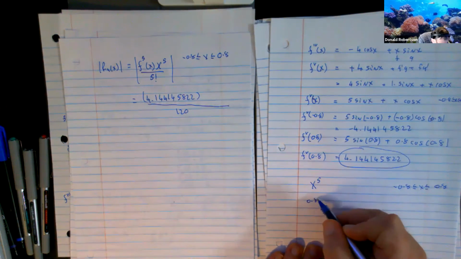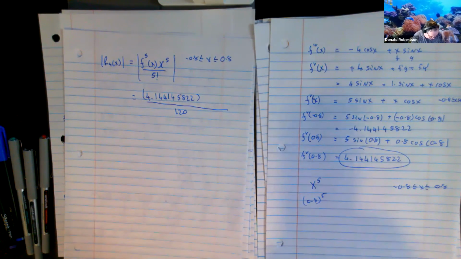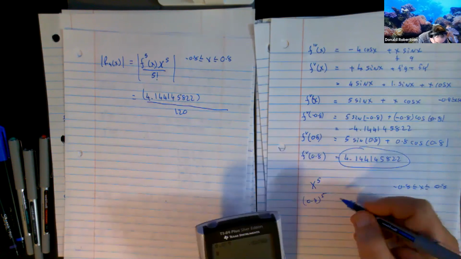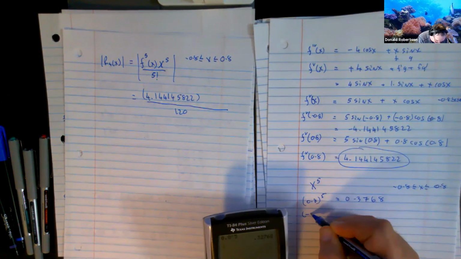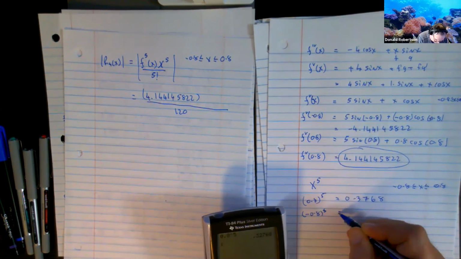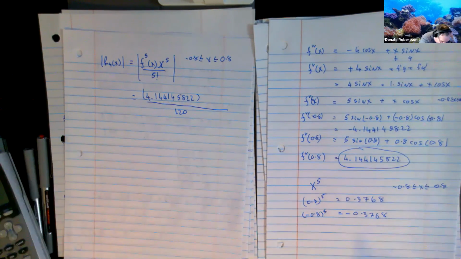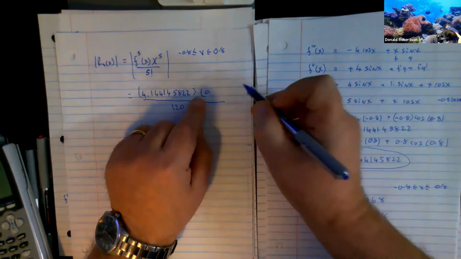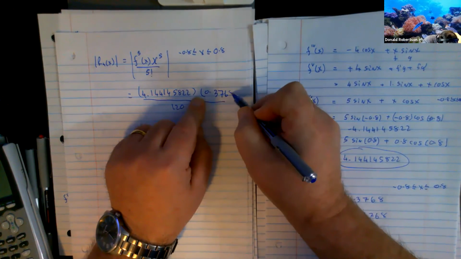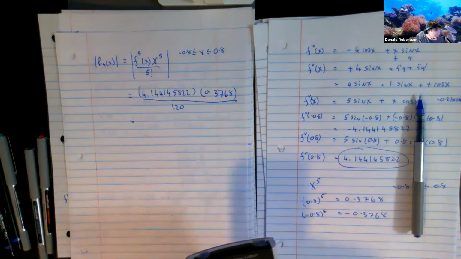So how about 0.8 to the power of 5? 0.8 to the power of 5 is 0.32768. If you tried the other endpoint, you would get negative 0.32768, so it wouldn't really matter. Right, you put that package together, let's see what we got.